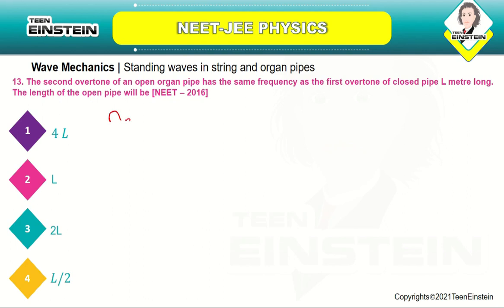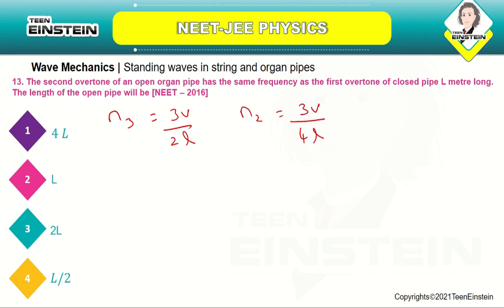So N3 will become 3V by 2L. And the first overtone of the closed pipe is the third harmonic. So N2 is equal to 3V by 4L. And let L dash be the length of the open pipe.